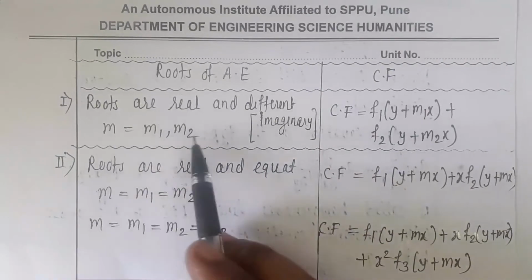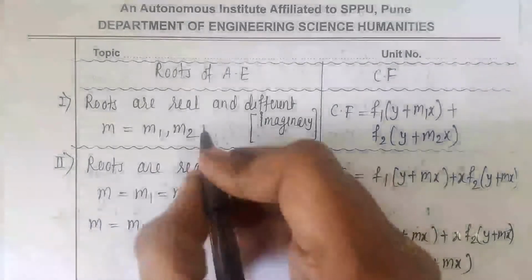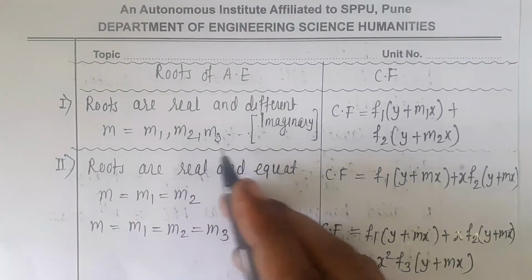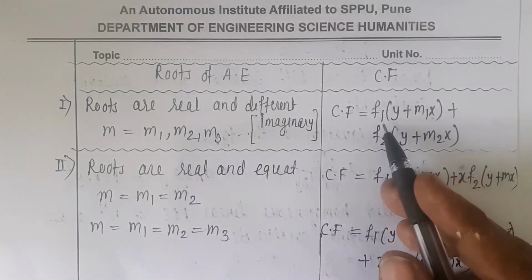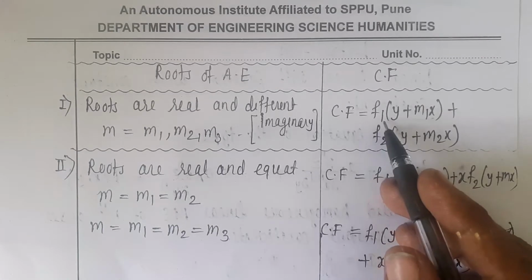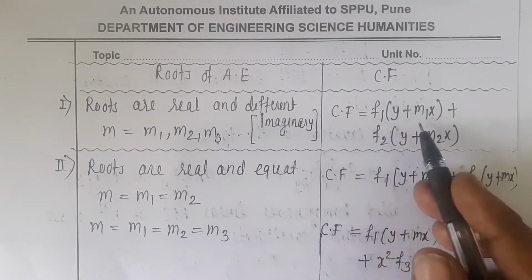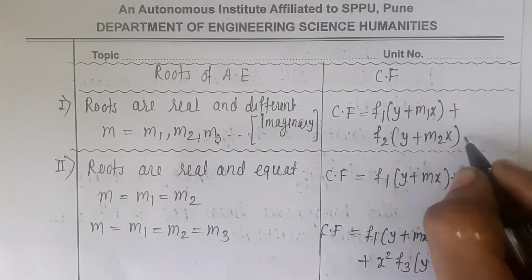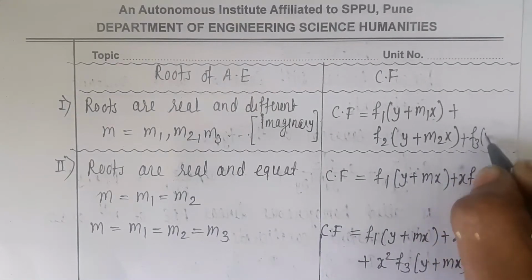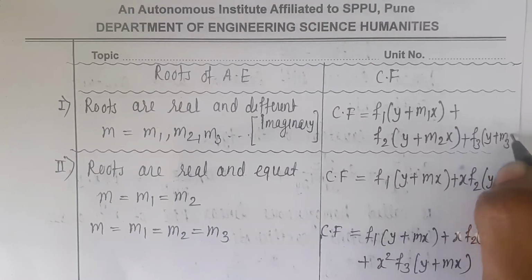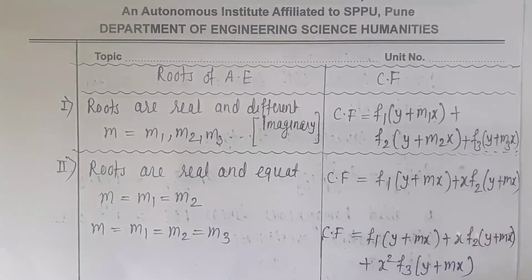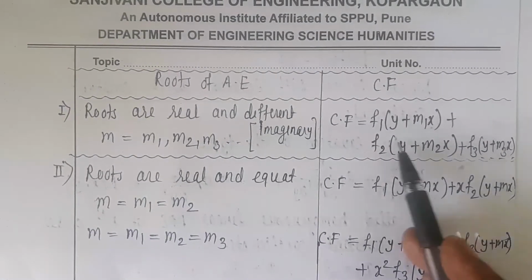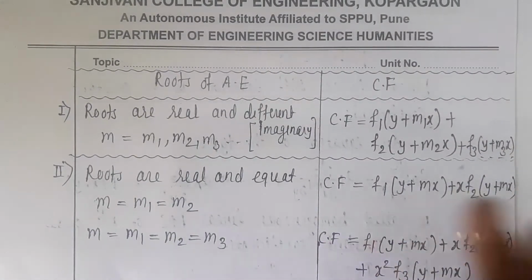If the roots are real and different, that is m1, m2, m3 and so on, then we write in terms of arbitrary function f1 of y plus m1x plus f2 of y plus m2x plus f3 of y plus m3x and so on. So if we have two roots we get up to m2, if we have three roots then m3, if we have four roots up to m4.